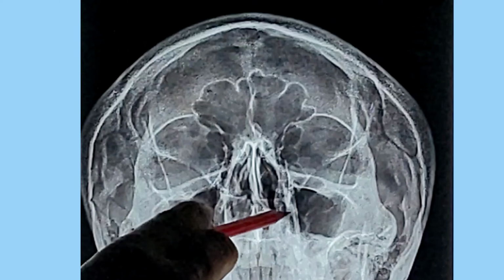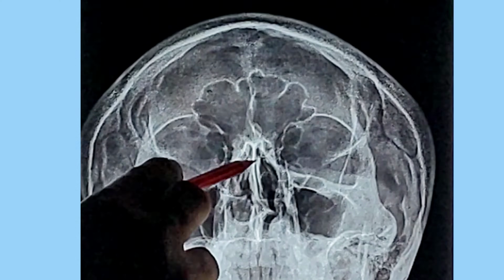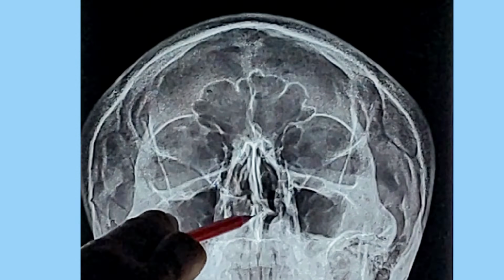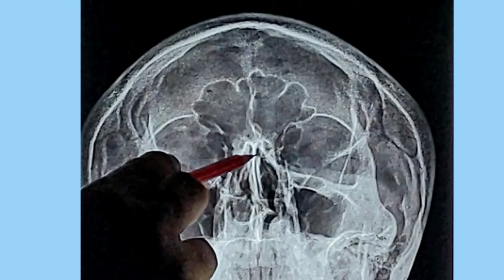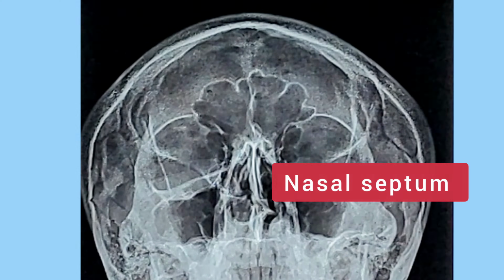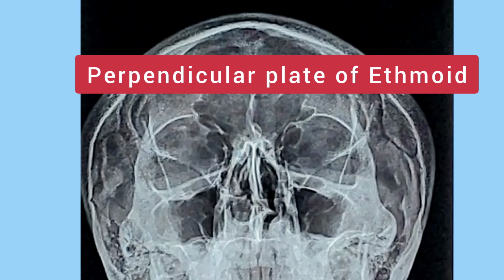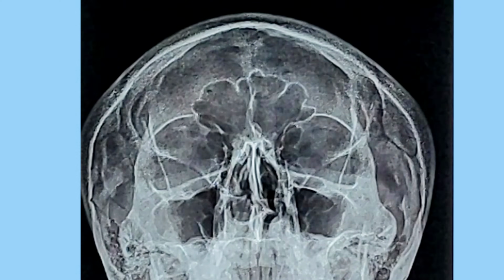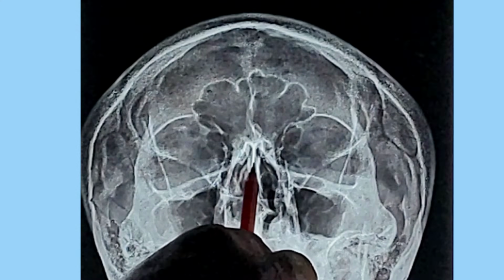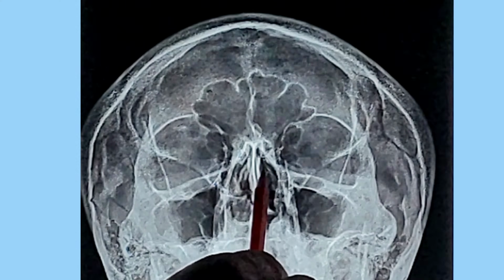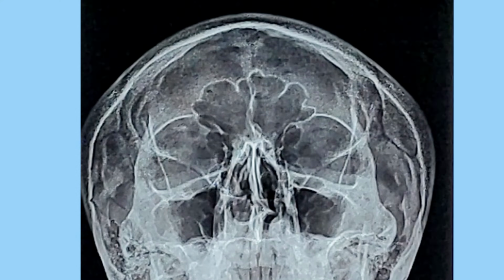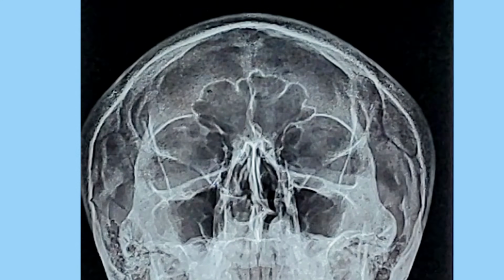And this is the nasal cavity, this one, and in the midline, this is the nasal septum. Nasal septum is formed mainly by two bones, perpendicular plate of ethmoid, and from the lower side the vomer, the main two bony components of the nasal septum, which divides the nasal cavity into right and left half. So what are these paranasal air sinuses?